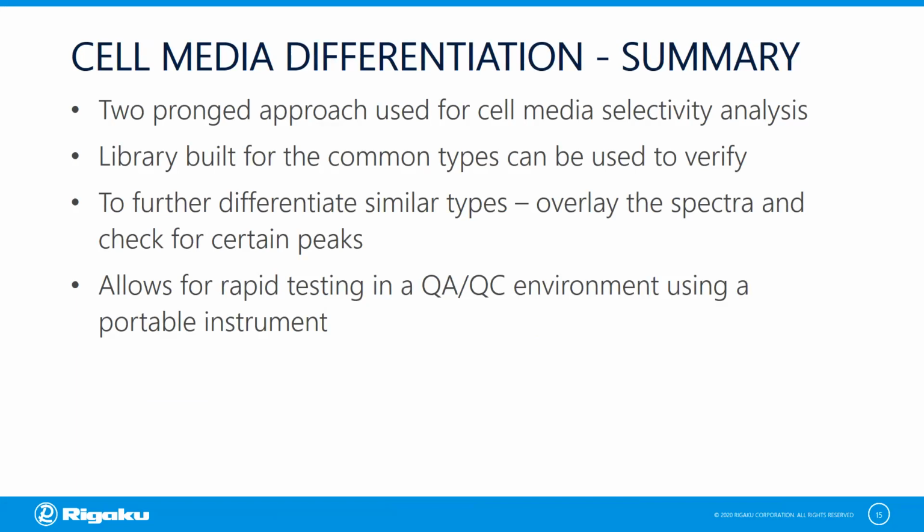Again, overlaying the material would take maybe another minute or two. So you're still looking at under 5 minutes to verify that your material is what you think it is, and that it is the correct material that's going into the fermentation broth. So this is still a rapid test in a QA/QC environment using our portable Progeny instrument.